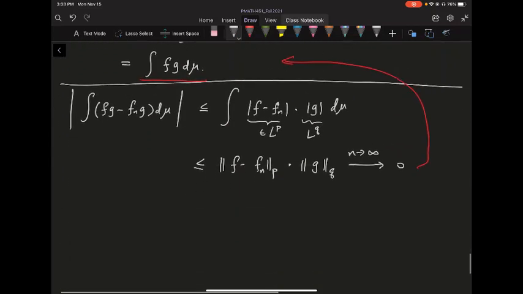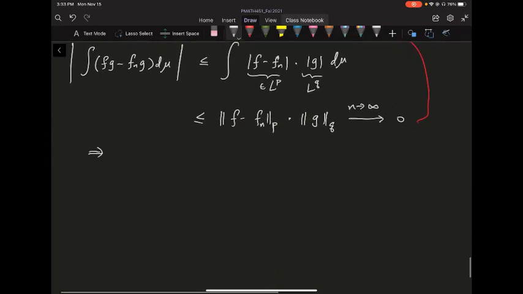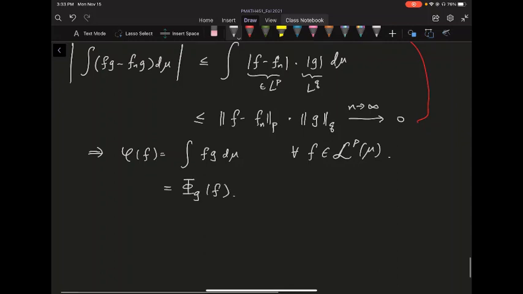So in any case, what we showed is the following: φ of f is equal to the integral of fg dμ, for all f in L^P of μ. In other words, this is the same as Φ_g of f. So this essentially shows the following.